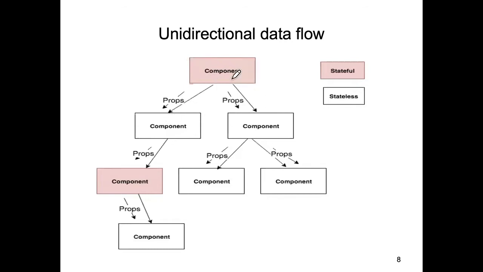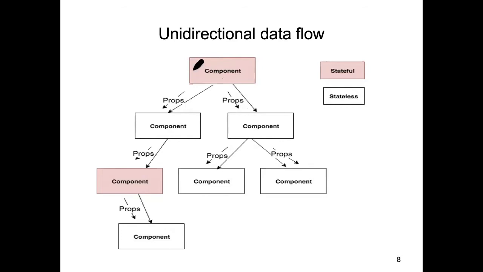It has nothing to do with inheritance, if you're familiar with inheritance. What this is telling me is that if I looked inside the return statement of this component, in other words looked at its JSX, then within the JSX it would contain a reference to this component and this component. That's what I mean by this relationship. Similarly here.